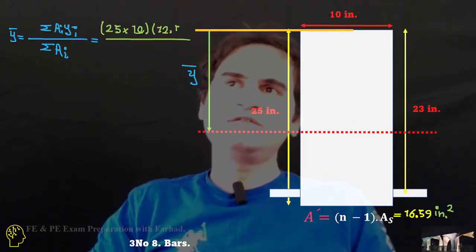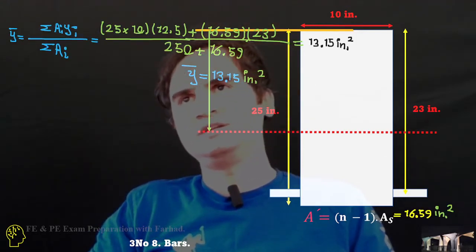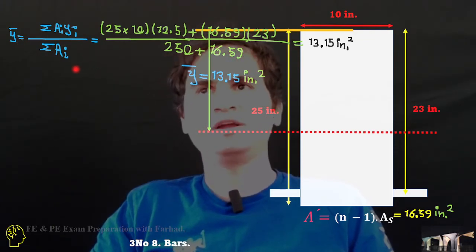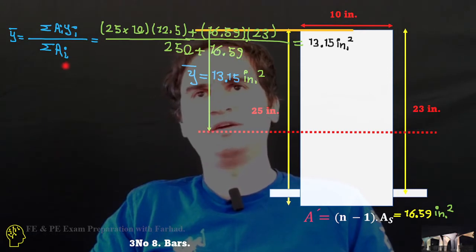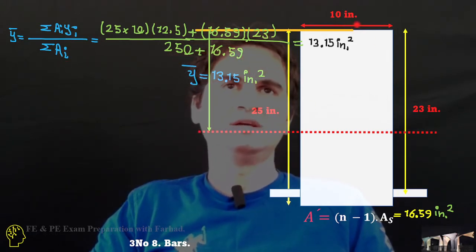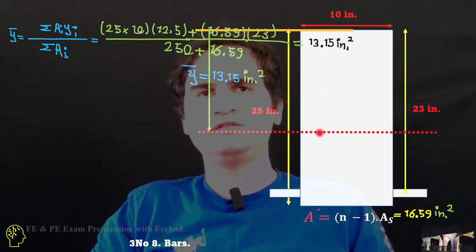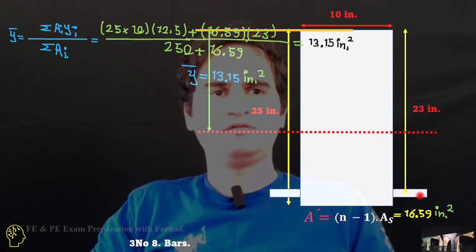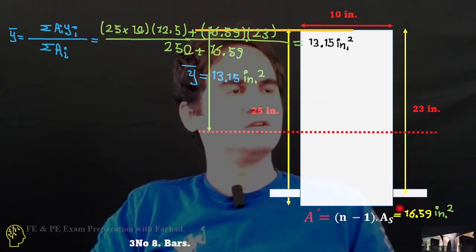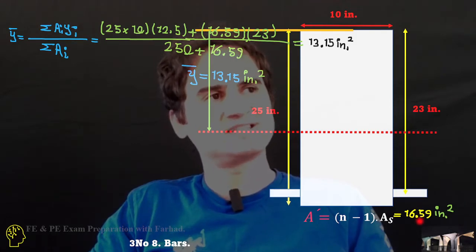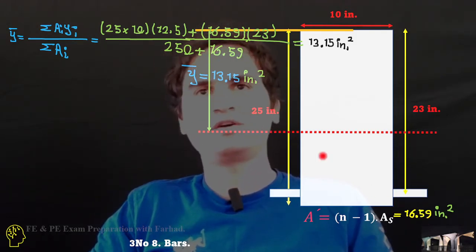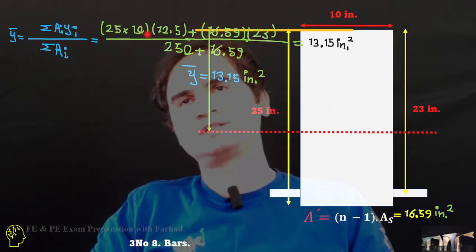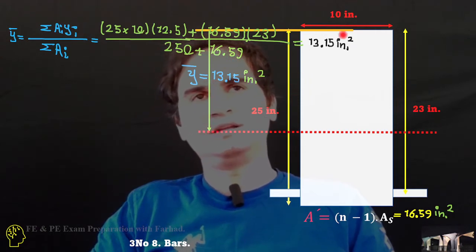The first stage is to calculate y bar from the top of the section, the summation of Ai times yi over the summation of areas. The summation of area is 10 times 25, which is 250 for the concrete block, plus 16.59 for the equivalent part from converting the steel rebars, so 266.59.